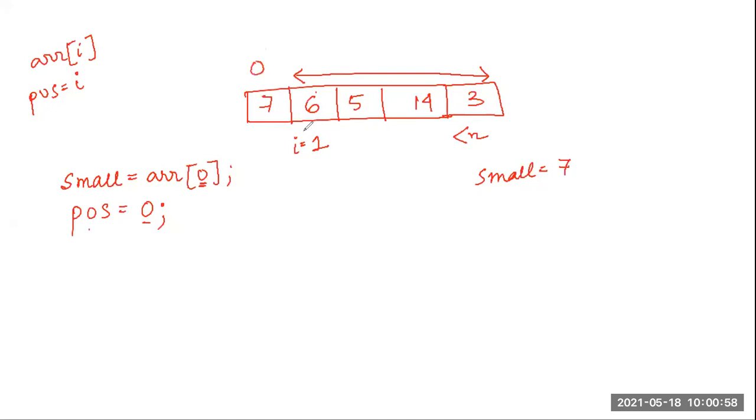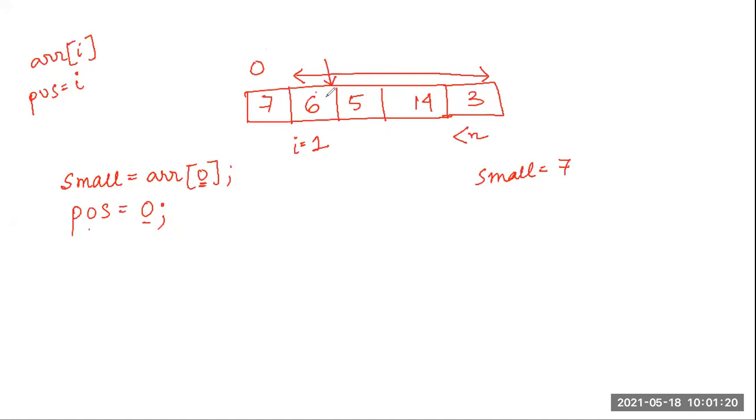But since I have to compare one element with all the other elements, I take the first element and save it in small, and then with this small I compare each and every element. So for this checking purpose, my loop will start from this index position.